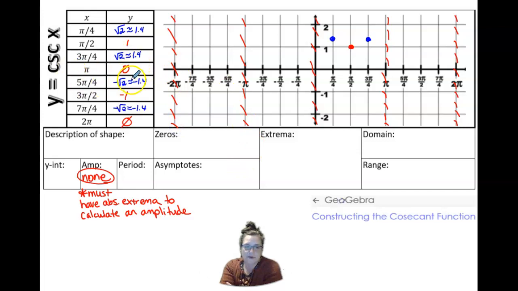Okay, then back to our table of ordered pairs. So at 5 pi over 4, now we're in quadrant 3 where cosecant is negative square root of 2. Then at 3 pi over 2, we have a point at -1. And then 7 pi over 4, back down again to -√2.